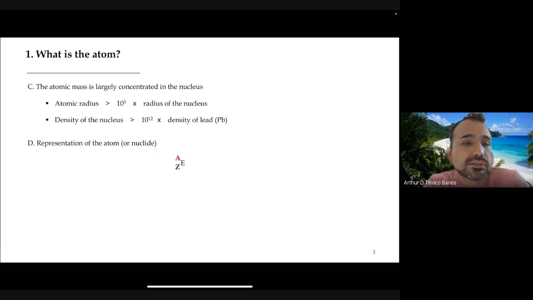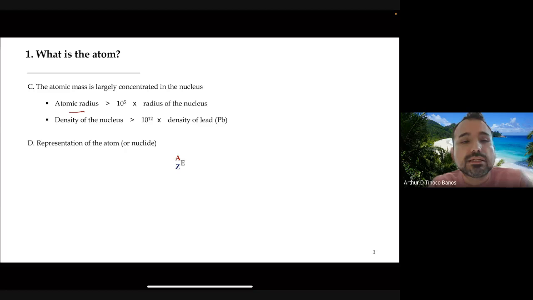Well, the atomic mass is largely concentrated in the nucleus, right? Even though it constitutes a rather small portion of the volume of the atom. Just to give us some context, the atomic radius is about 10 to the 5 times the radius of the nucleus. So you can see how small the nucleus is with respect to the atom, using the radius as the context.